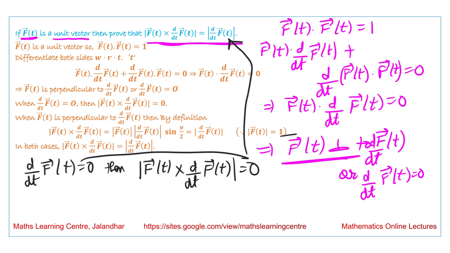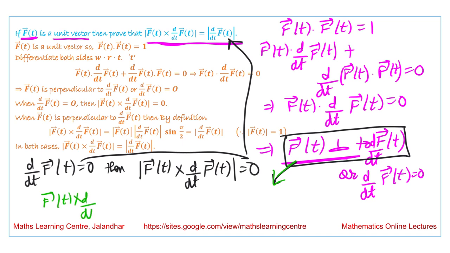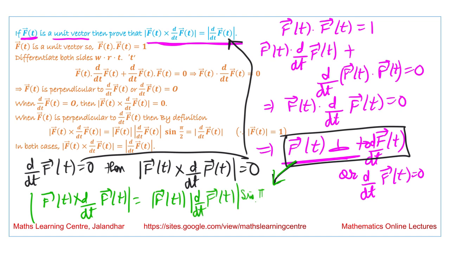And in the second case, when these two vectors are perpendicular to each other, we have f vector t cross d by dt of f vector t equal to mod of f vector t, mod of d by dt of f vector t, and sine of pi by 2.